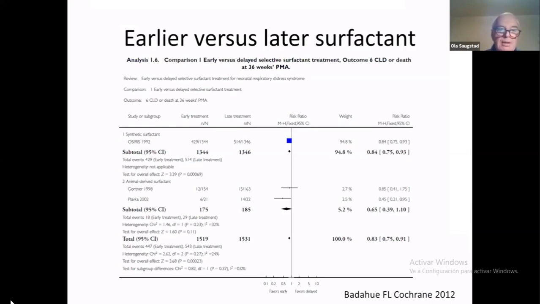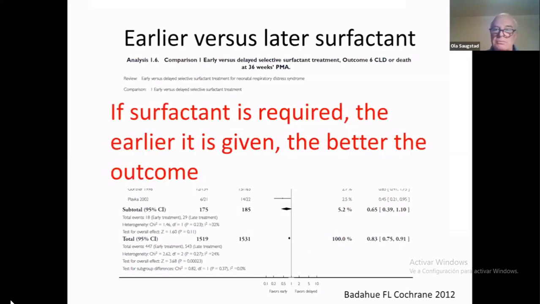And here's the outcome: chronic lung disease or death at 36 weeks. And again, if you go down here, you see relative risk 0.83, confidence intervals 0.75 to 0.91, favoring the early surfactant administration. So based on this, we recommend that if surfactant is required, the earlier it is given, the better the outcome.